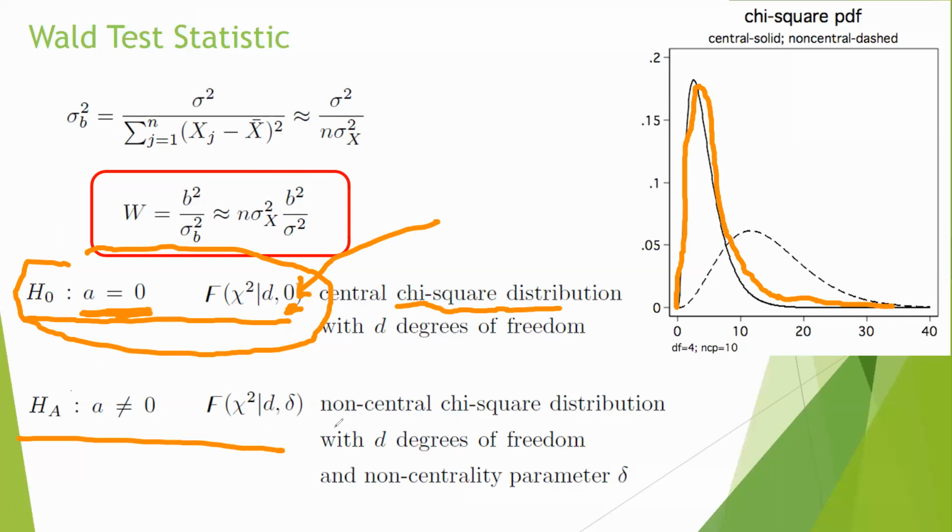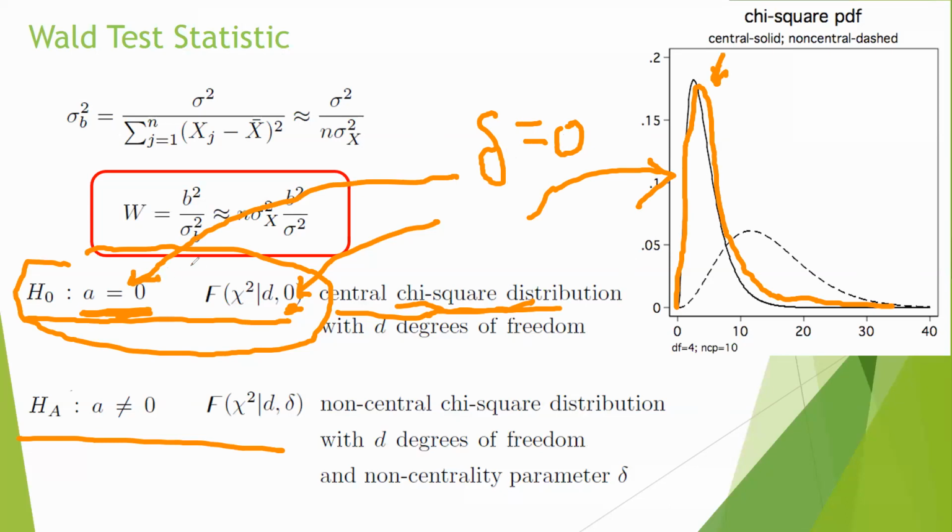This parameter is called the non-centrality parameter. If the non-centrality parameter equals 0, the chi-square distribution is a central chi-square distribution. The null distribution is a chi-square distribution with the non-centrality parameter equal to 0, which is equivalent to saying the additive effect is 0. There's no association.